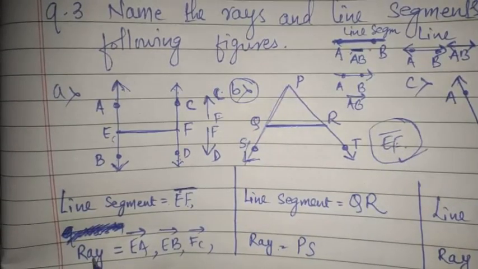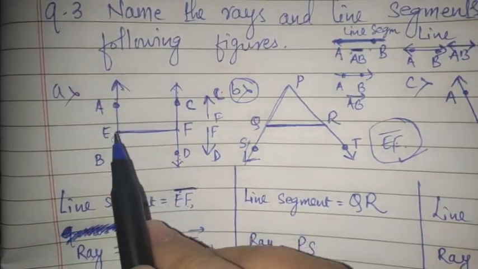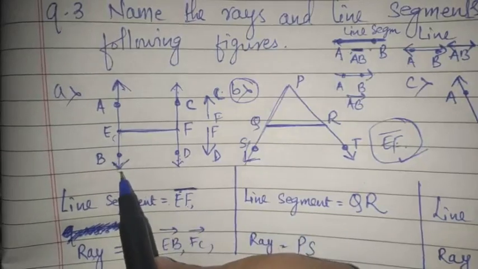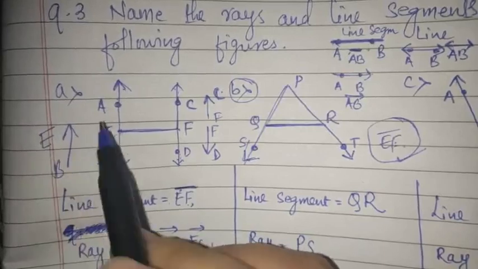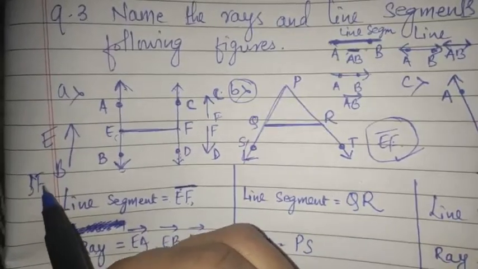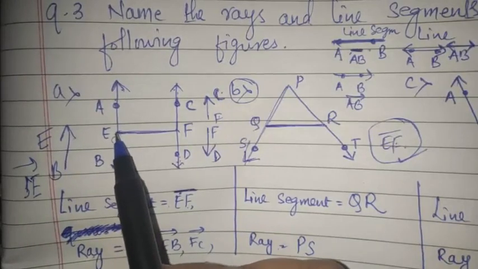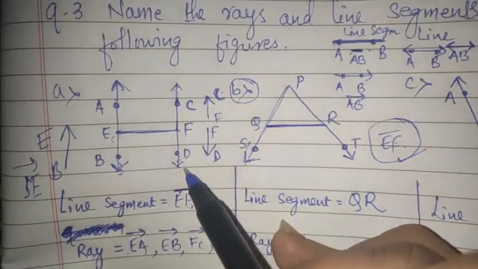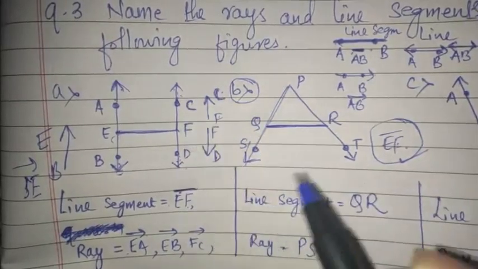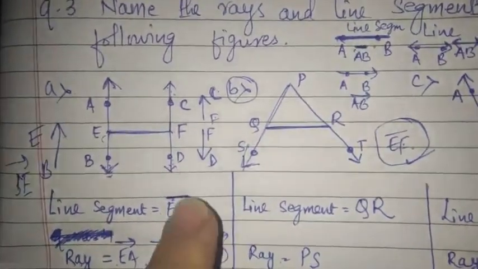The arrow on EA shows the ray is moving from E to A, and EB is from E to B. If the arrow was from B to E, then you would write BE like this. But here the arrow is from E to A, E to B, so it is EB. And from here F to C, FC, and then FD, right? So there are 4 rays and 1 line segment.